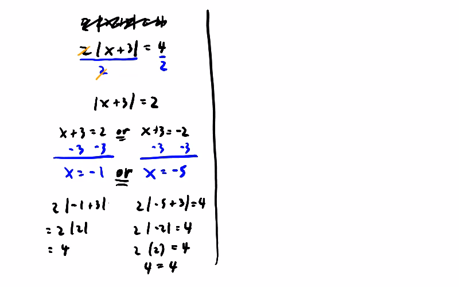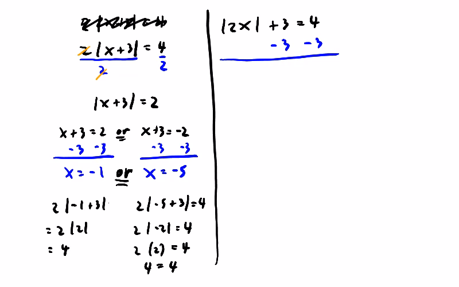Let's consider one final variation on this. What if we had looked at the absolute value of 2x plus 3 equals 4? This time the plus 3 is outside of the absolute value signs, so we would want to subtract the 3 before removing absolute value signs.